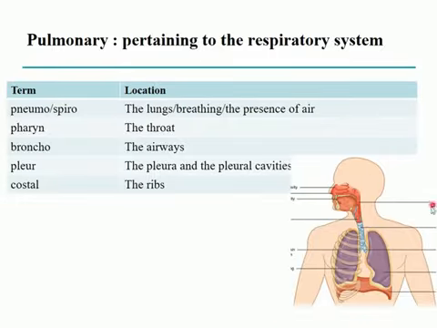While we're in this region, the ribs, when you're referring to ribs, you say costal. And for example, there are muscles which join each of the ribs together, and these muscles are involved in breathing, and because they're between the ribs, they're called the intercostal muscles.